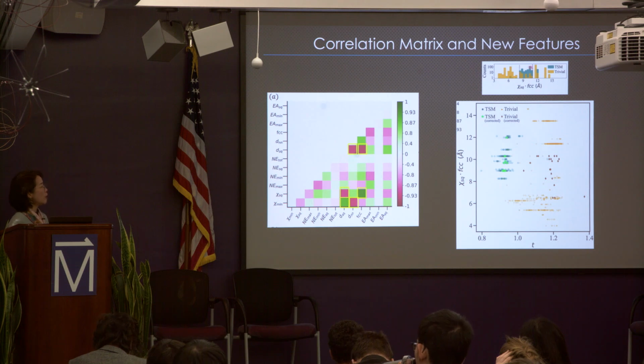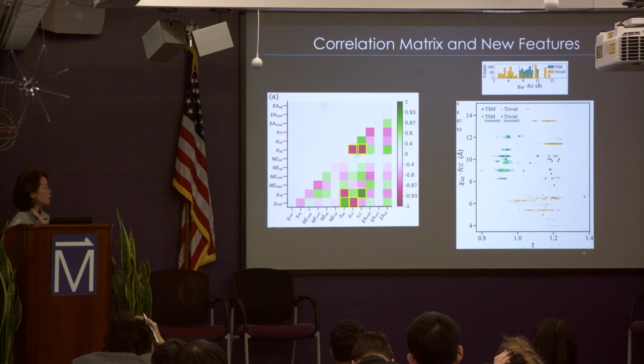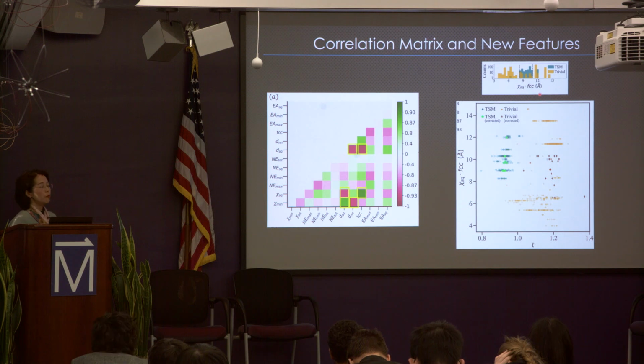That is hypervalency, or sort of intermediate degree of covalency, puts the material somewhere between ionic and covalent, which is where semi-metal is. Now, using this new feature of electronegativity in addition to T ratio, we can separate the topological semi-metal nicely from the trivial material.